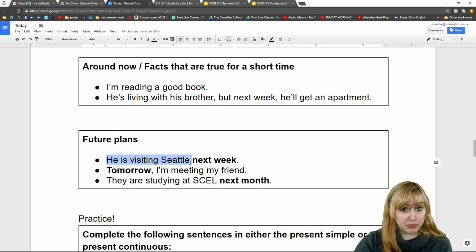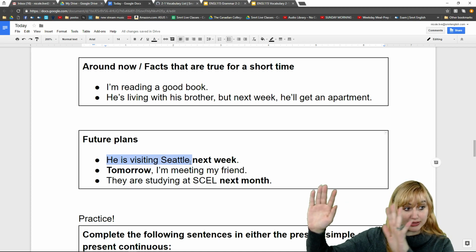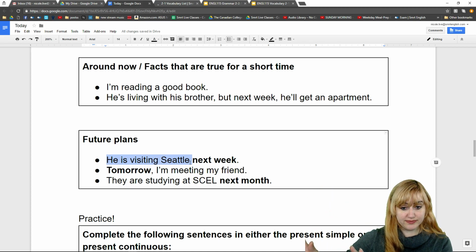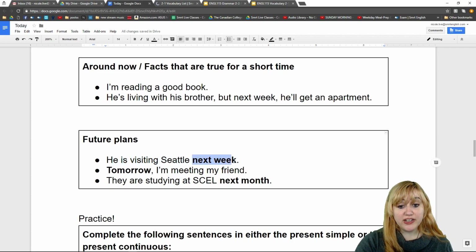But the grammar is present continuous. So you can use present continuous to talk about your plans for the future. All you have to do is be very clear that it's future by adding a future time. So you can say next week or tomorrow or next month or on Monday.